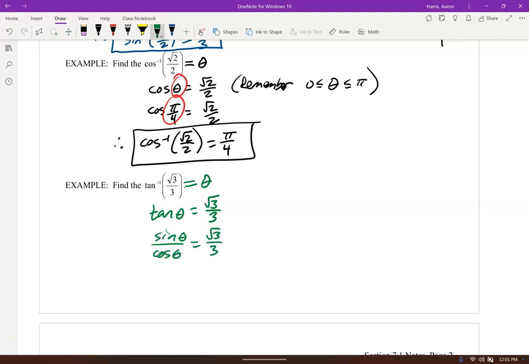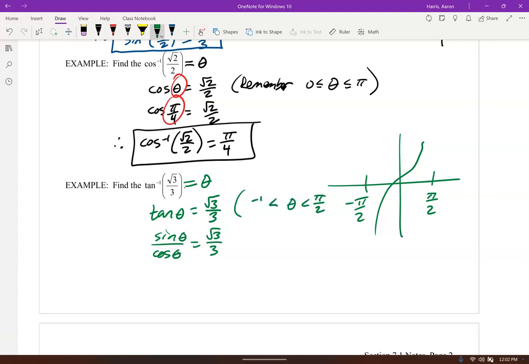Now remember, with the tangent, we had to cut that off between negative pi halves and pi halves, right? That's where we had to cut off tangent. So I'm looking between pi halves and negative pi halves for a ratio that will give me root 3 over 3, right?